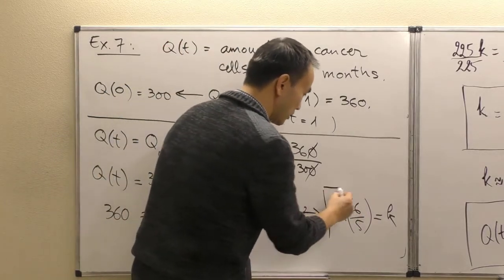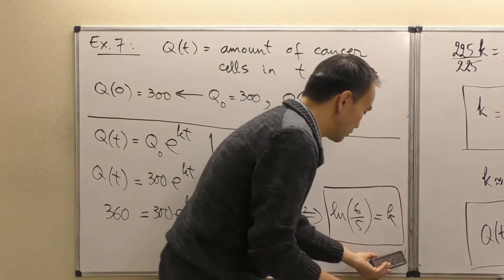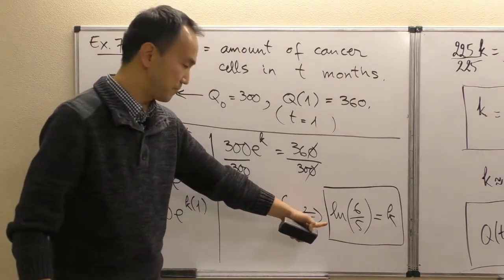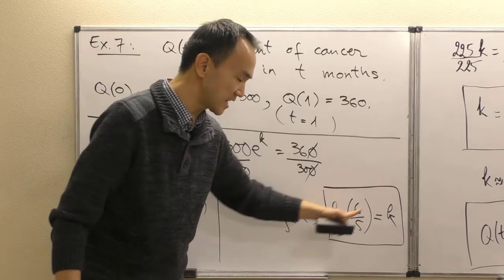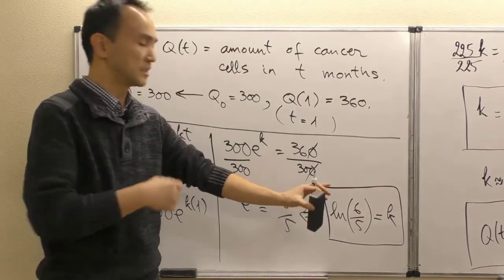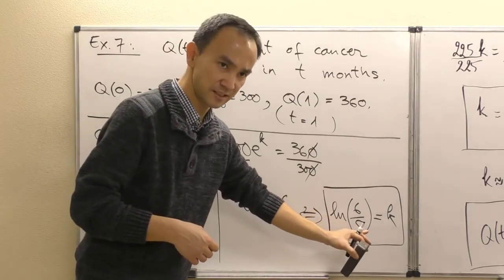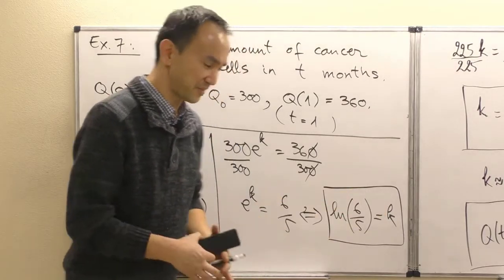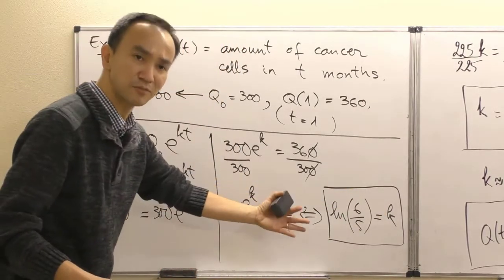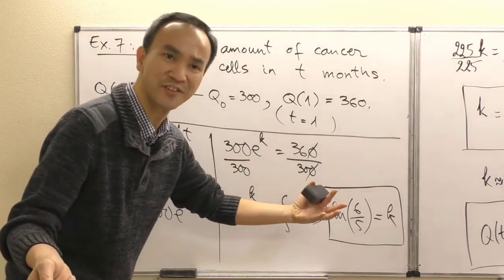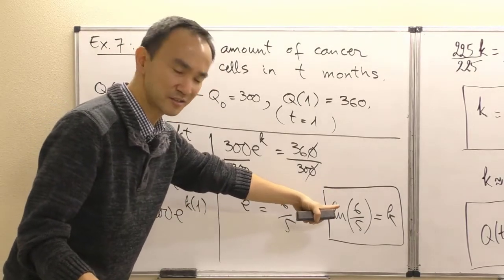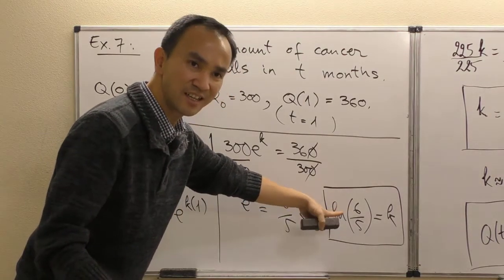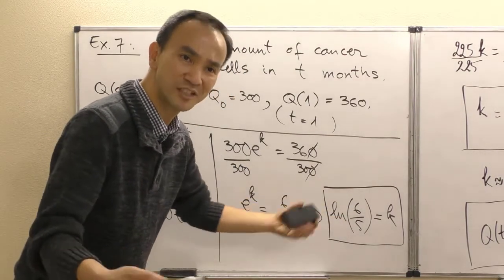There are instructors out there who will allow students to write the final k expression like this, and I'm among them. I'm not against that, but sometimes, to make it look a little more scientific, punching the value into the calculator and getting a decimal would help.